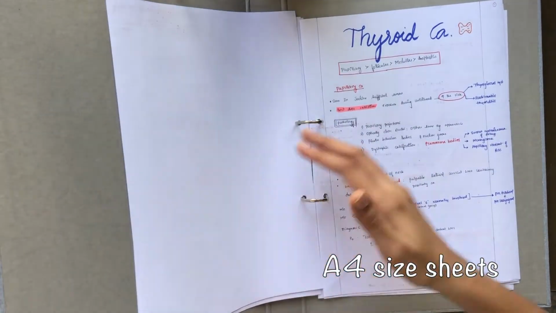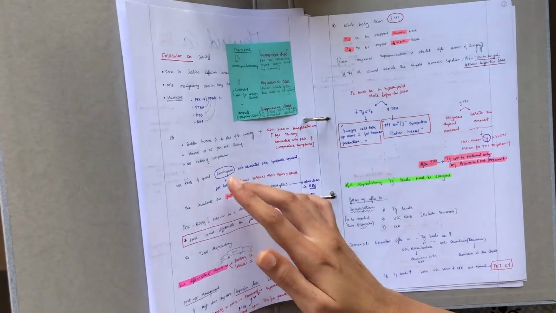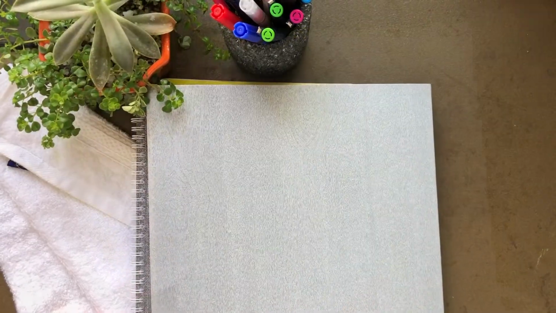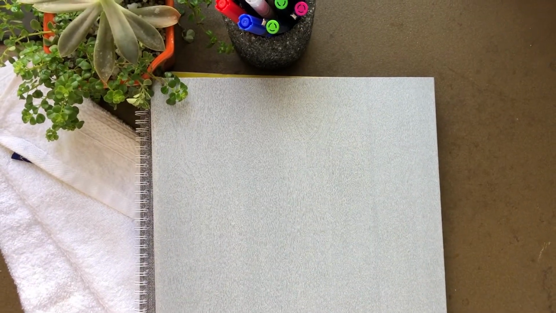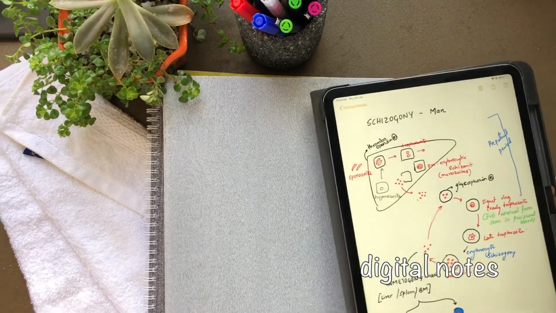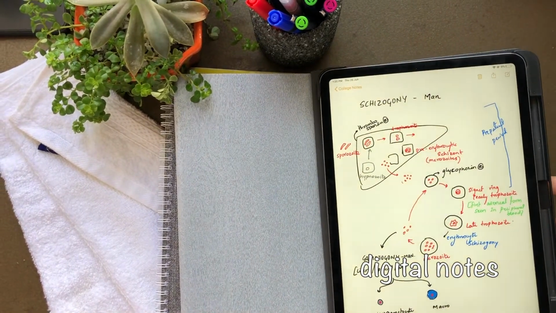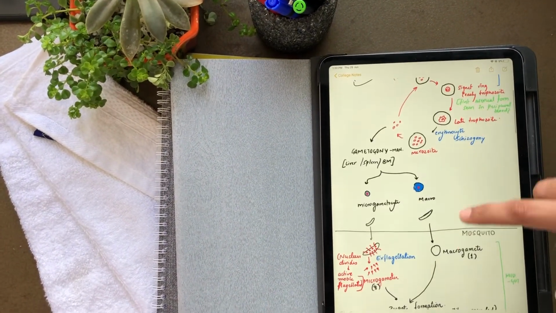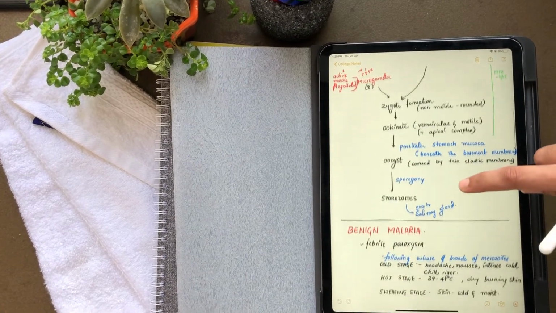Once you're done making the notes, you could file the sheets in a ring binder like this. Another popular option is digital notes making, which we shall throw light upon in another video.